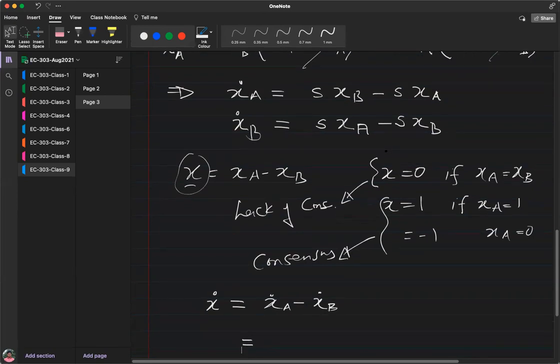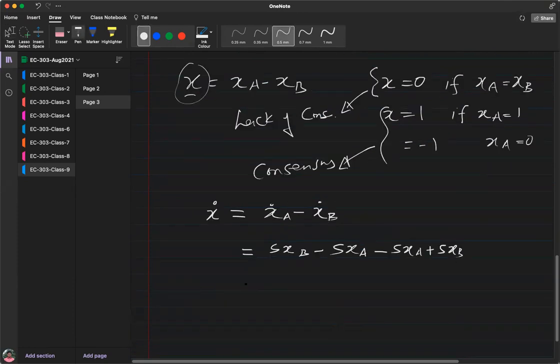So what do we get? s xb minus s xa minus s xa plus s xb, that will give us 2 times s of xb minus xa.